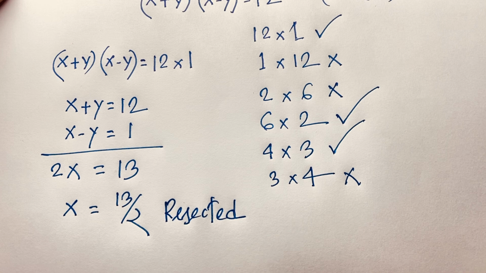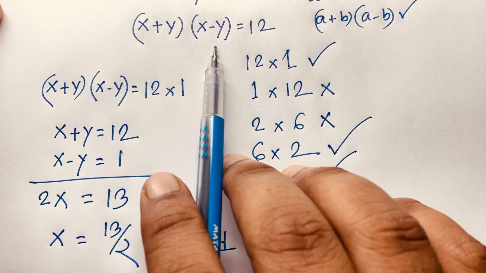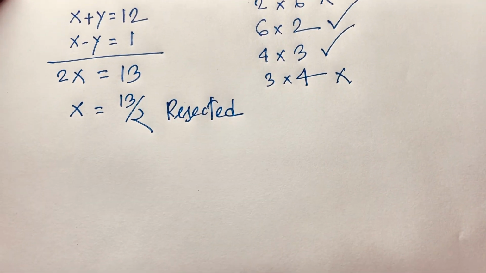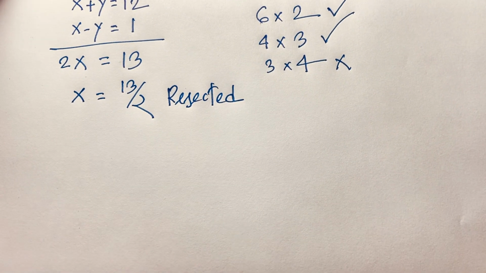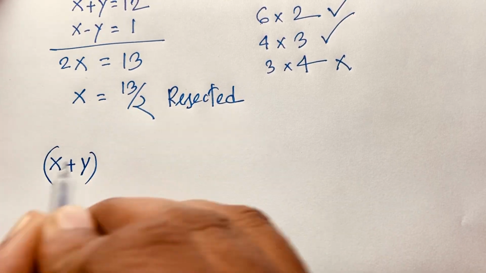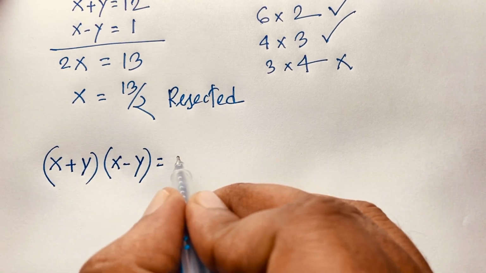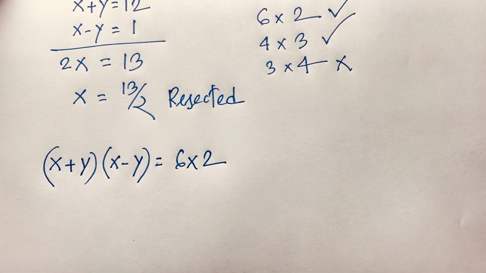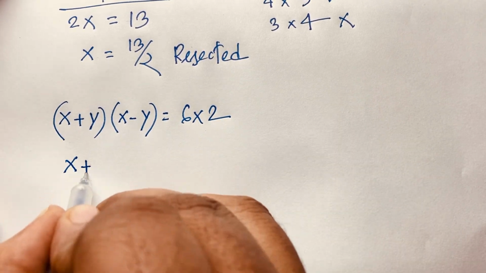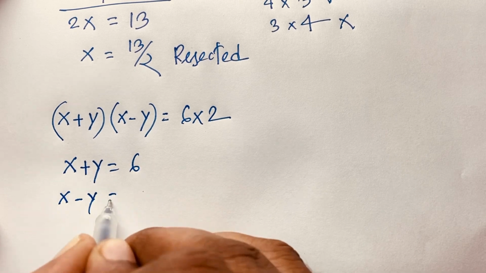But in the other case, we'll find out x plus y times x minus y will be 6 times 2. I take this value at this moment, so x plus y is equal to 6, and x minus y is equal to 2.